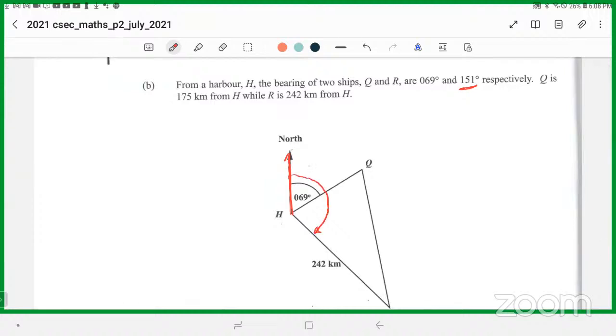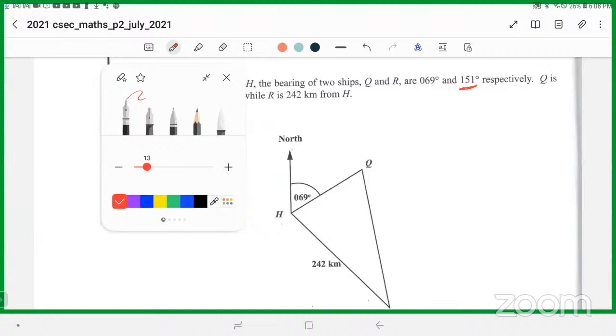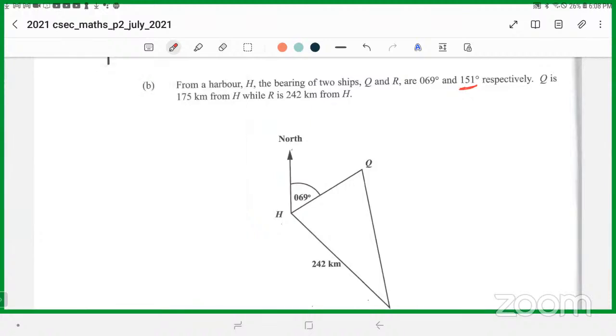This angle is the bearing angle because it's the clockwise angle from the north line. That is 151 degrees, and I put it out here, 151 degrees.